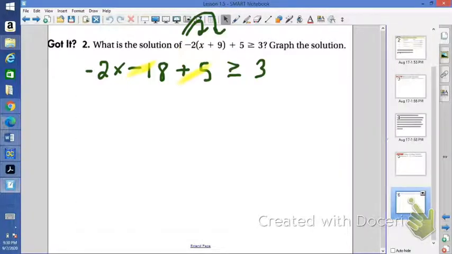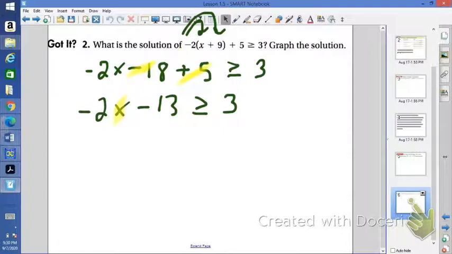So a negative 18 and a positive 5, that's going to give us a negative 13. Alright, so step 1 is finished. Step 2, is there a variable on both sides of the inequality? And the answer is no. So I can proceed to the third step, which is to isolate the variable x.